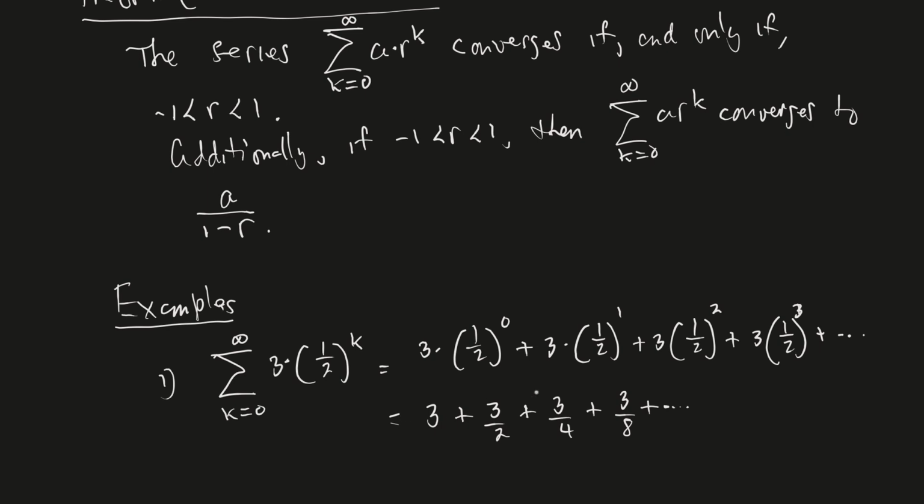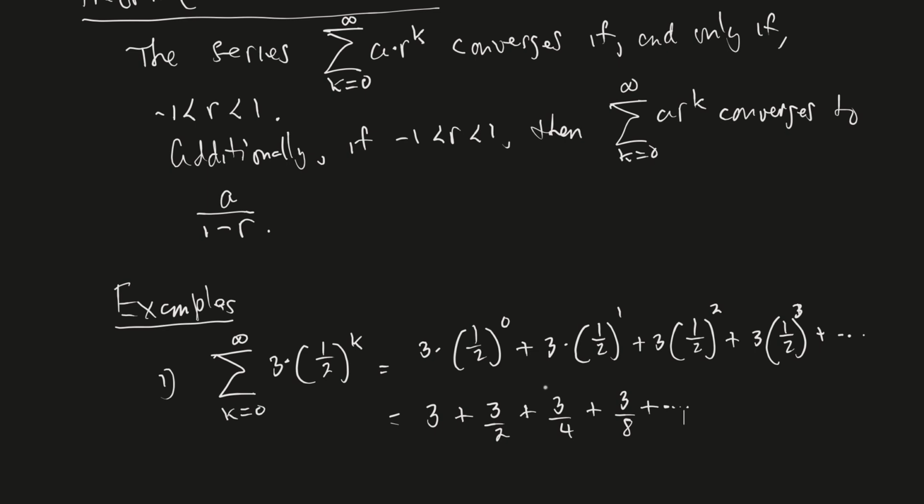So when you see this, you can see that the first term here is 3, and then you can see that common ratio. The number that I am successively multiplying by is 1/2, because 3 times 1/2 is 3 halves, 3 halves times a half is 3/4, and 3/4 times a half is 3/8, and so on.